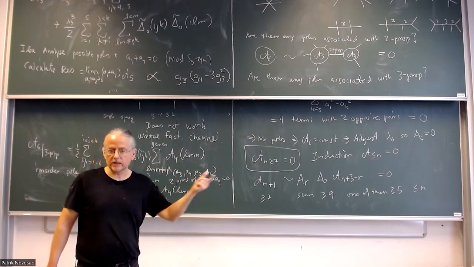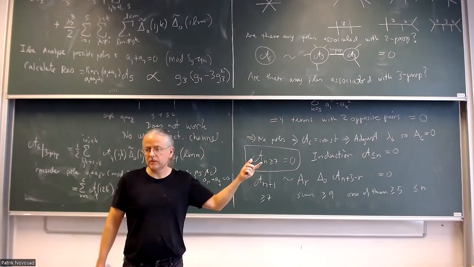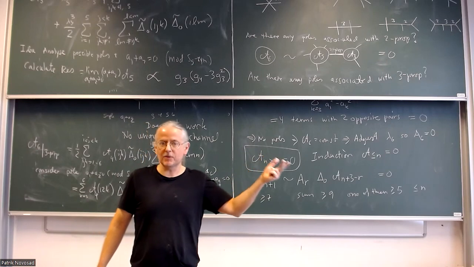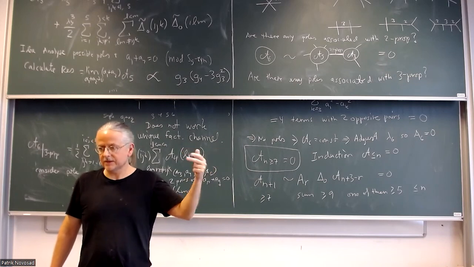We haven't figured out what they are, but we'll do this next time. I can already take away some of the suspense and say that one of them will be the sine-Gordon one. But there will be one more.